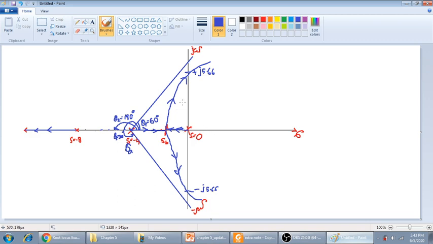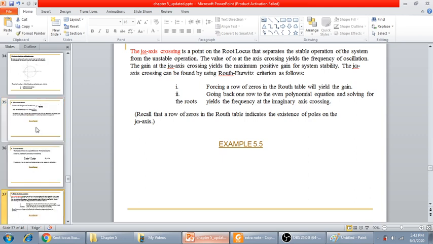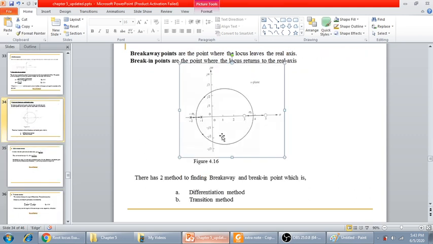Let me show you the figure in your slide. You can see this figure, then you will understand more. You see how it's going. This is another example, but actually it is like this. From the breakaway points, it divides into 2 different locations.